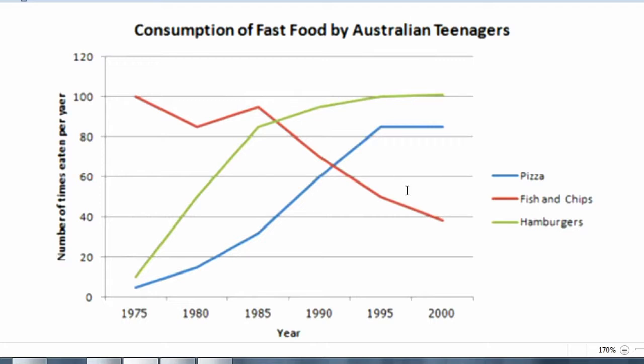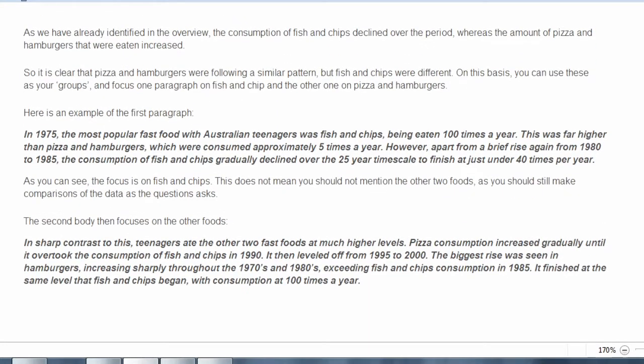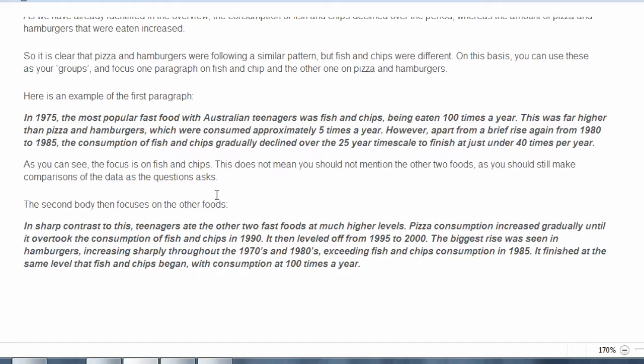So we can also write about that, and it goes to around 40 items consumed per year, and that is also a good detail to write about.